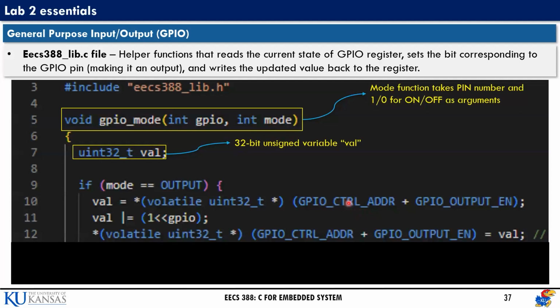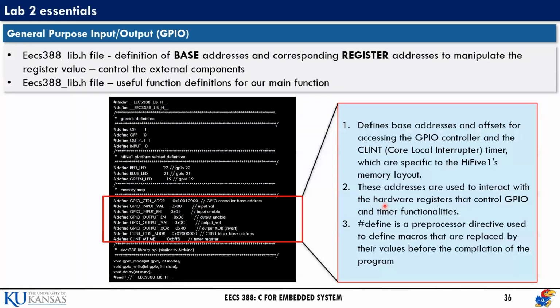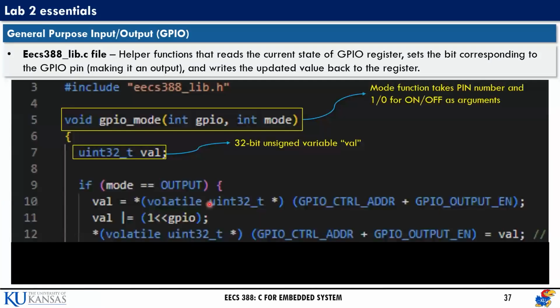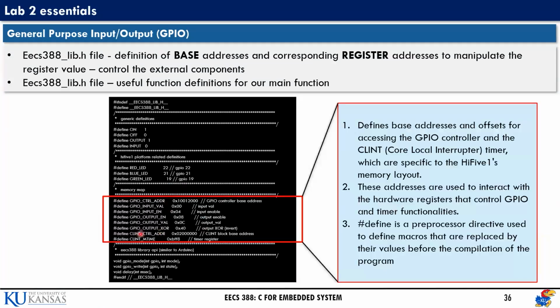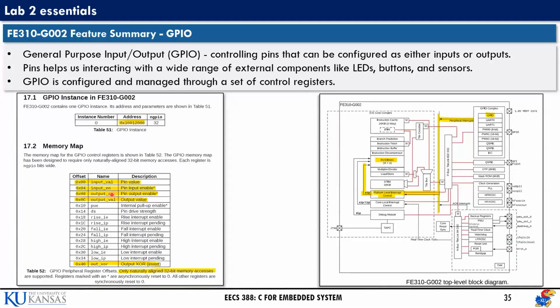How? We know this control_address is basically the base address. Here you can see we are adding the output_enable, that is 0x08. So we are adding 0x08 with this base address to try to modify the value of this pin output enable register. So we are trying to enable the output pin.